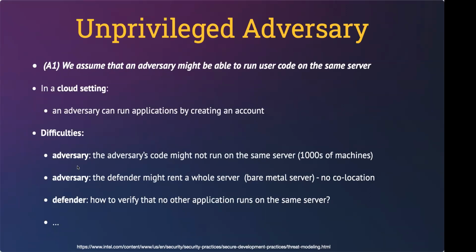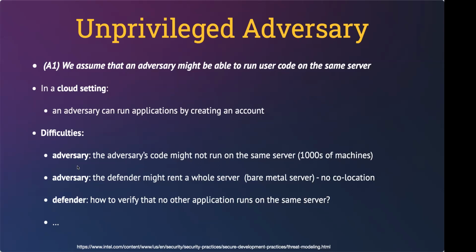If I'm in a cloud environment as an adversary, it's nice. I can just go to Amazon or Microsoft. If your application runs there, I could try to run my attack application on this cloud. Of course, that is much more difficult than just running an application on the cloud, because typically there are thousands or 100,000s of machines, and it's very unlikely that my application gets scheduled on the same machine as yours.